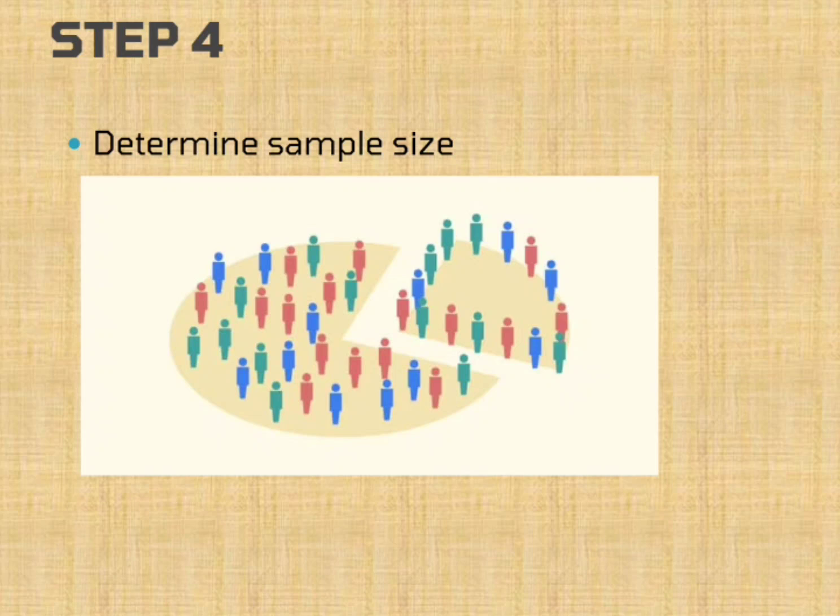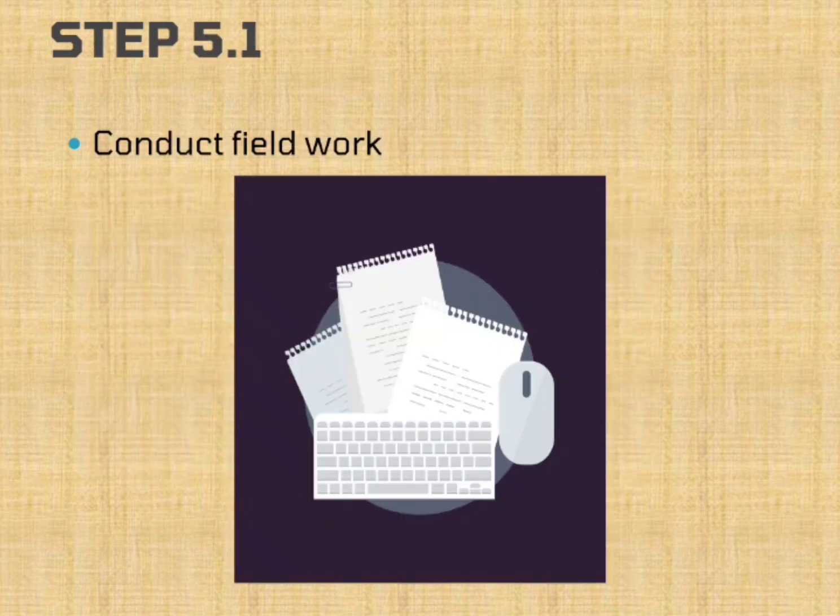Now, field work and data collection. Once the target population, sampling frame, sampling technique, and sample size have been established, the next step is to conduct field work and collect data. We have to be very careful in this step as well.